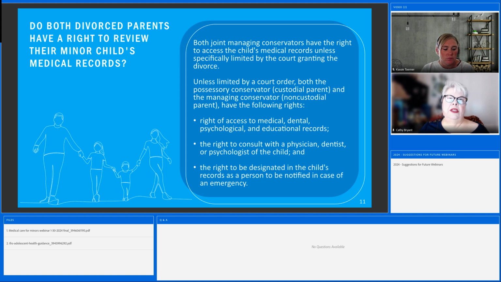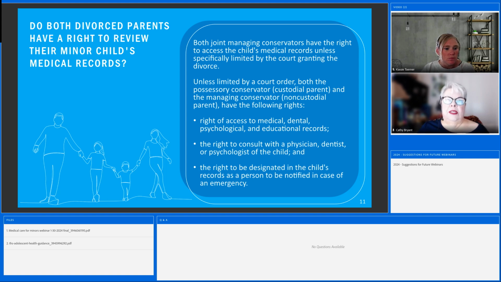And if you ever have a situation where a parent is saying, "Gosh, I am the sole conservator," or "I am the custodial parent," it is probably in your best interest to get a copy of, like, the front page, the page declaring the parent legal guardian or the sole guardian, and the judge's signature, and keep that in your files so that if there's ever a question that you denied the other parent access, then you have proof of what you're basing your decision on.